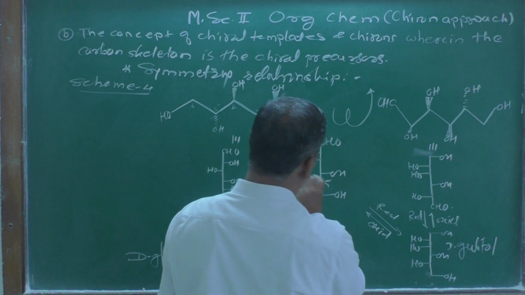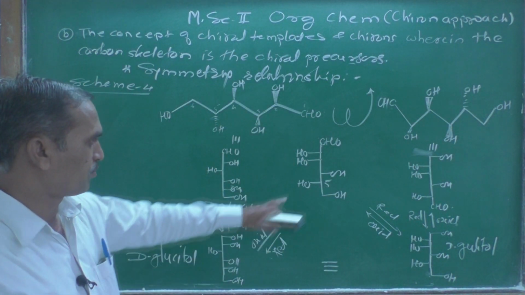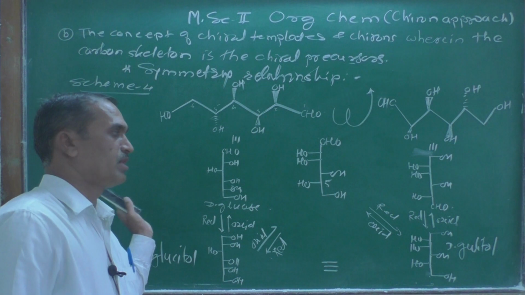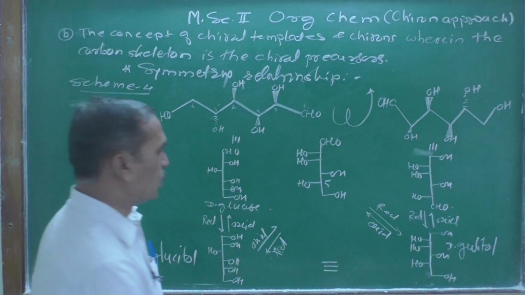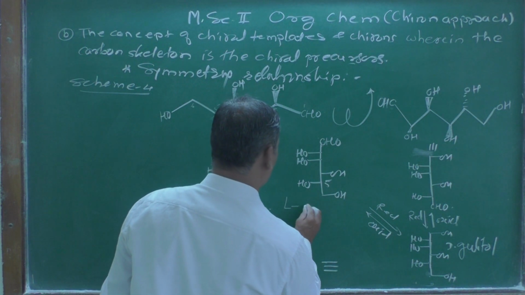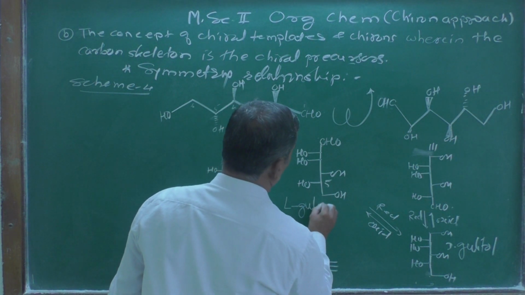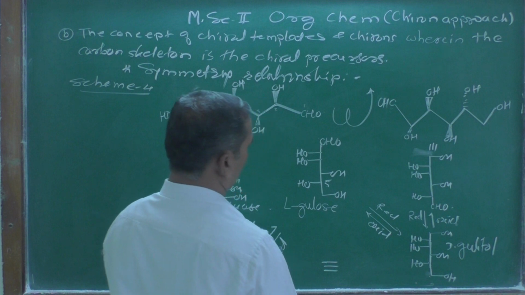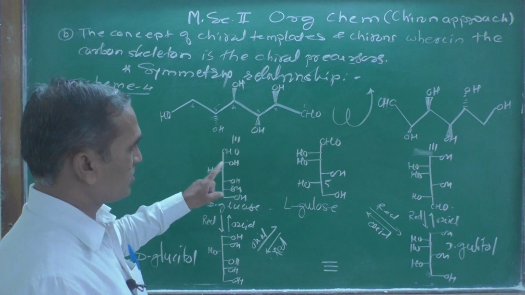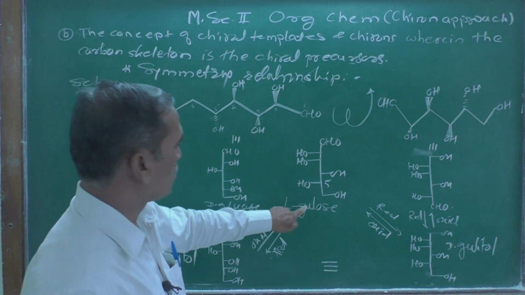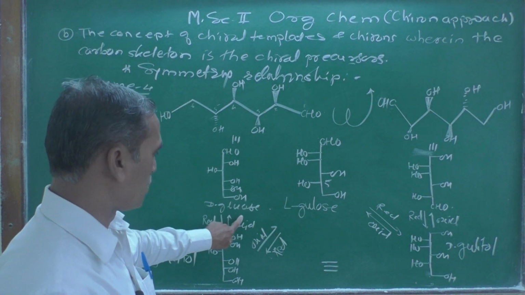At carbon number 5 only, in the configuration, the OH is on the left hand side, therefore it is called L-glucose, and everything else is the same. L-glucose. This is the structure. Look at how the structure of L-glucose looks, and this is D-glucose.